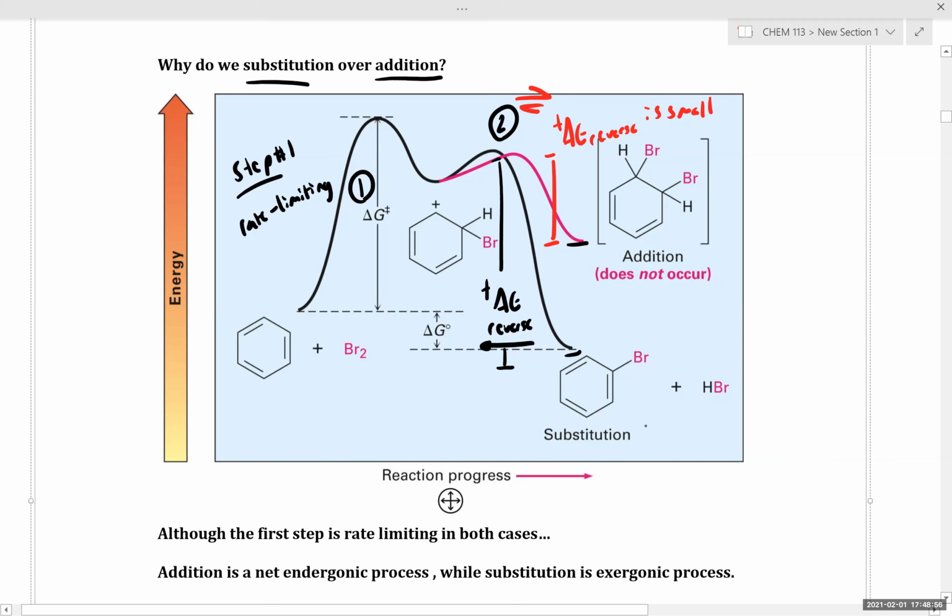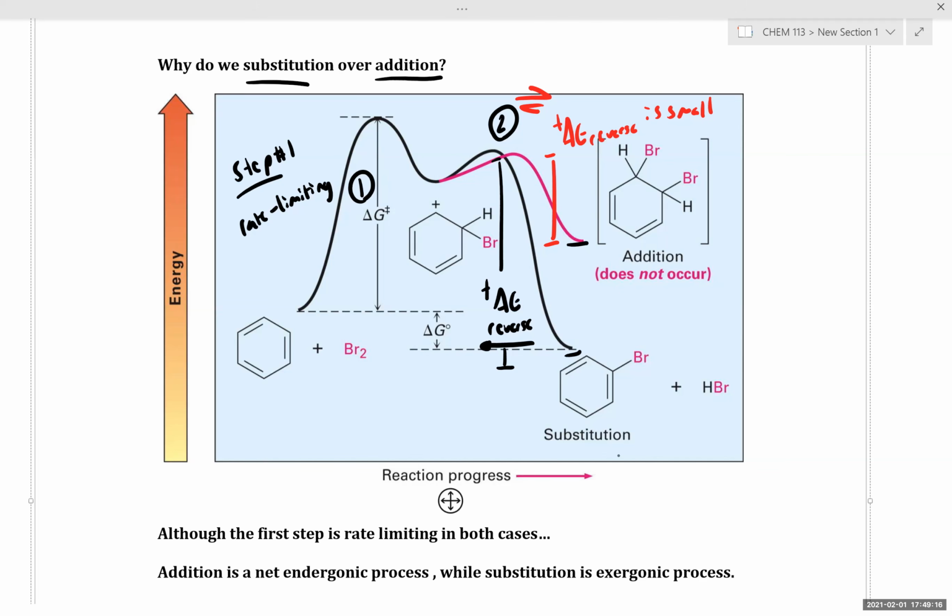Because our substitution product is so much more stable than the addition product, under the reaction conditions, and because the addition step is relatively reversible, we will see almost none of the addition product and almost 100% substitution product. Does that make sense to everyone?